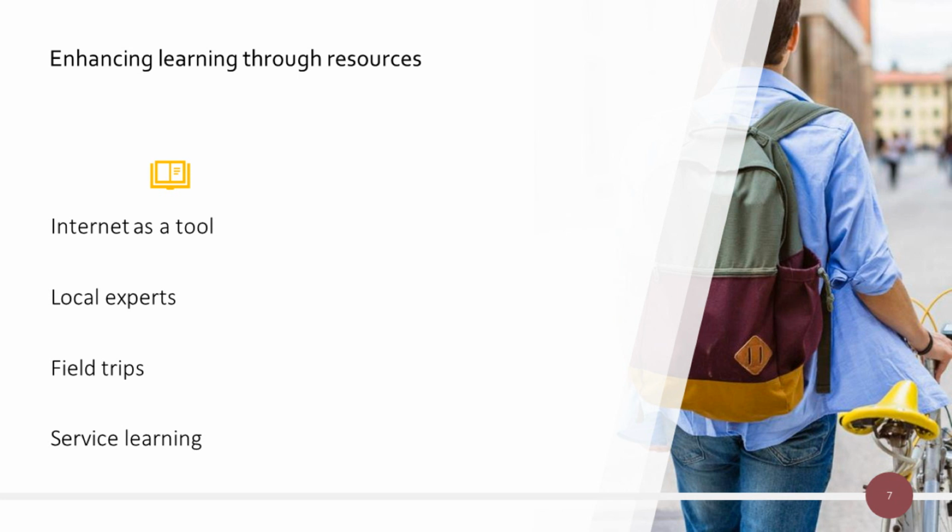And then finally, service learning. You can incorporate service learning where you engage in real community service activities and then analyze what you do in those service learning times and reflect upon the significance of those activities.